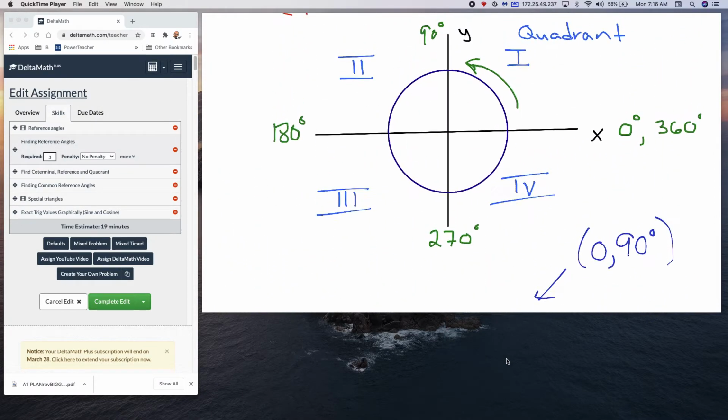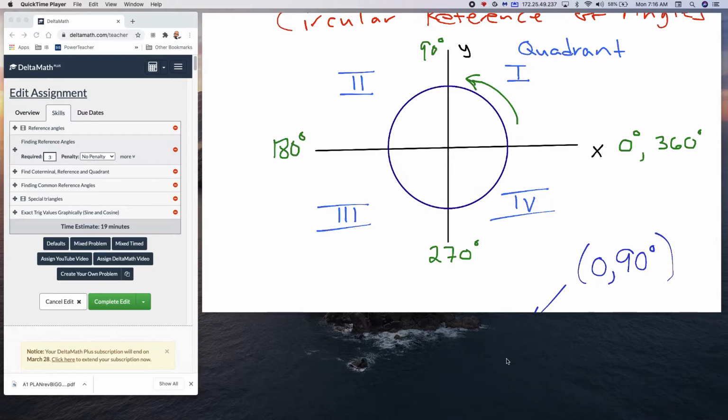A couple of things with this: when you think about positive and negative, out here x is positive. We'll talk about that in a little bit. Out here, x is negative. Down here, y is negative. And up here, y is positive. So just think about that.